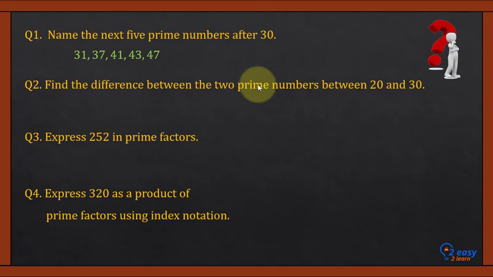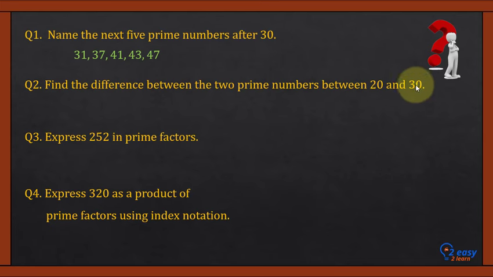Find the difference between two prime numbers between 20 and 30. First, we need to think of the prime numbers between 20 and 30. After 20, 21: is 21 a prime number? No. 22, no. 23, yes. 24, 25, 26, 27, 28, no. 29, yes, 29 is a prime number.